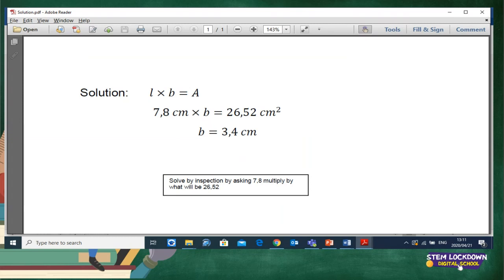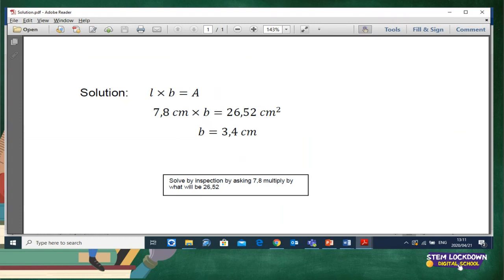So if you don't want to start with A, you can start with L times B. I know that you are probably used to the fact that A is equal to L times B. So as you can see in the slide here, this time around, we started with L times B is equal to A. So basically, this is the same thing. You can put A in the right-hand side and put the L times B in the left-hand side. In other words, you can swap the left-hand side with the right-hand side. It will not change the meaning of your equation.